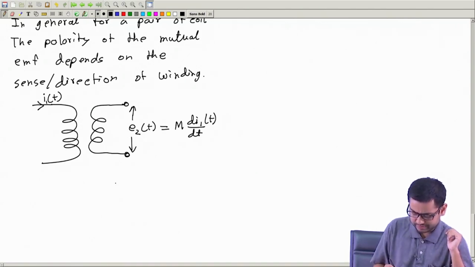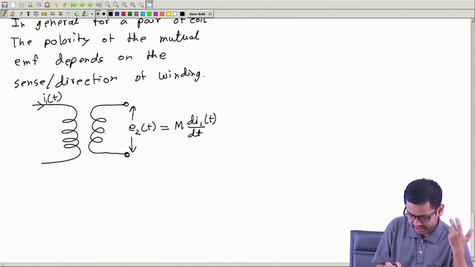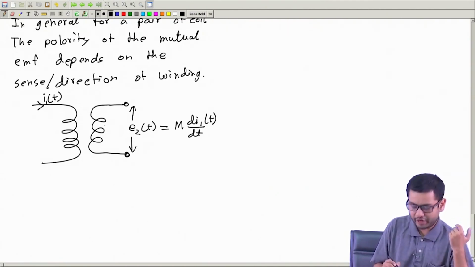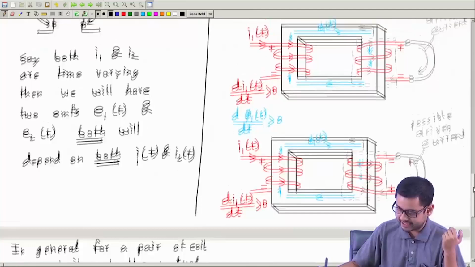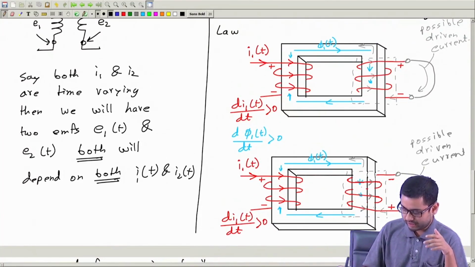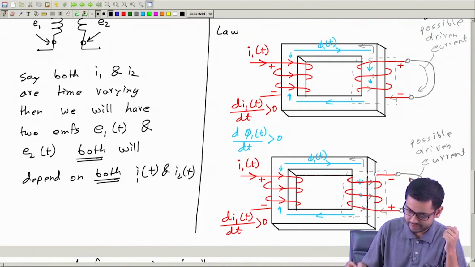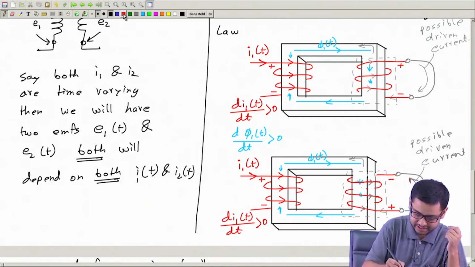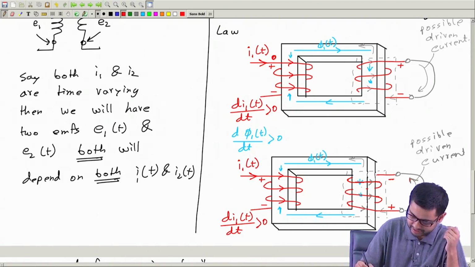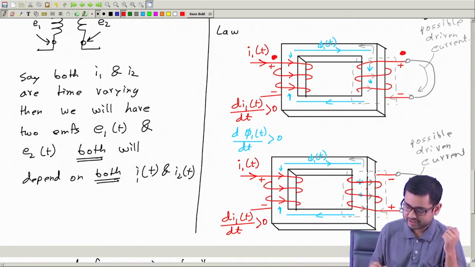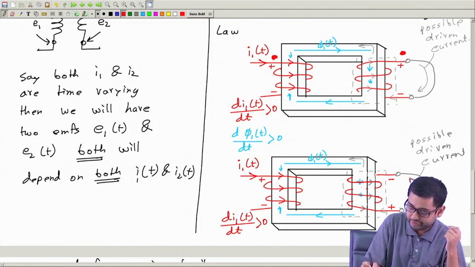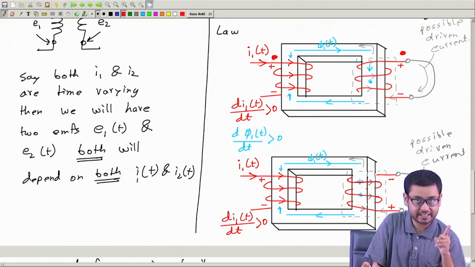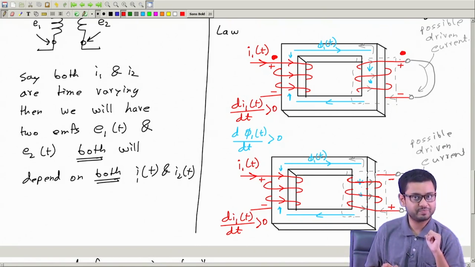But which side will be positive? Because in this diagram we cannot see the internal sense of winding. So often we denote this hidden sense of winding with a symbol like this. So we put a dot here and here, indicating that if the current entering the dot is increasing, then the other dot will be positive.